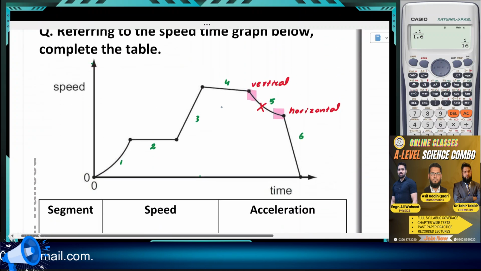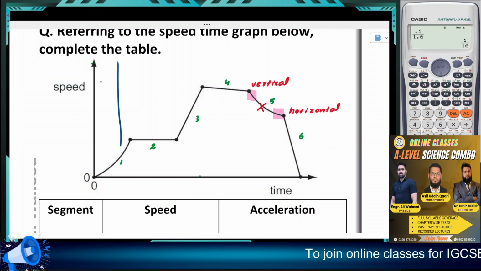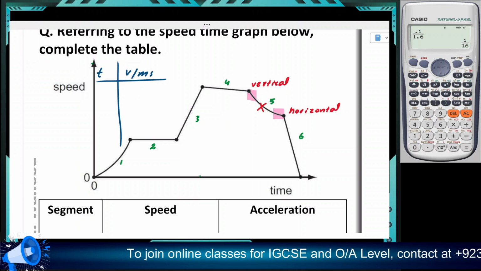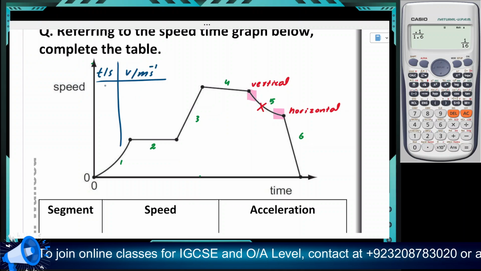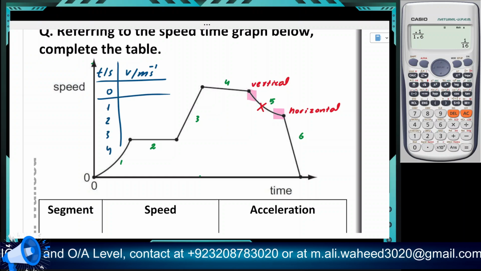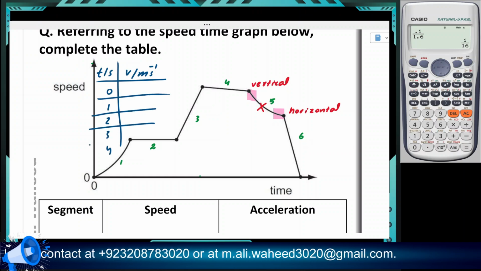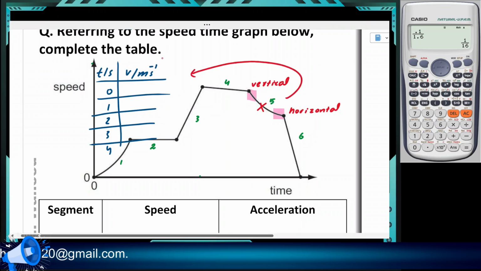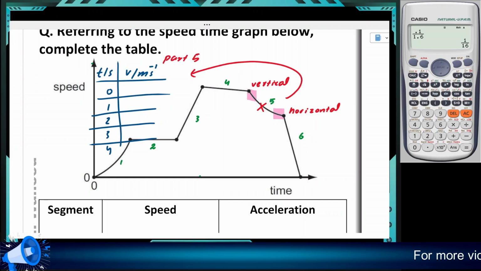So at the end, I'm going to just draw the table for part 5, because since we're done with it, I'll just draw the table. So if we have time here and speed over here in meter per second, so 0, 1, 2, 3, 4. Let's compare the speeds at 4 intervals to understand why we have such a shape in part 5.